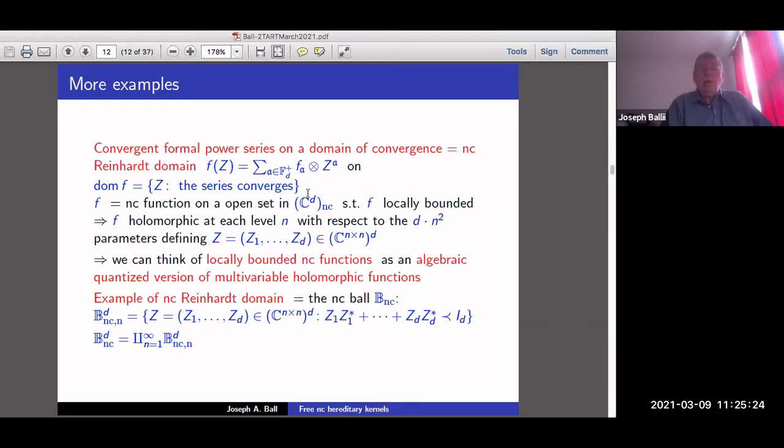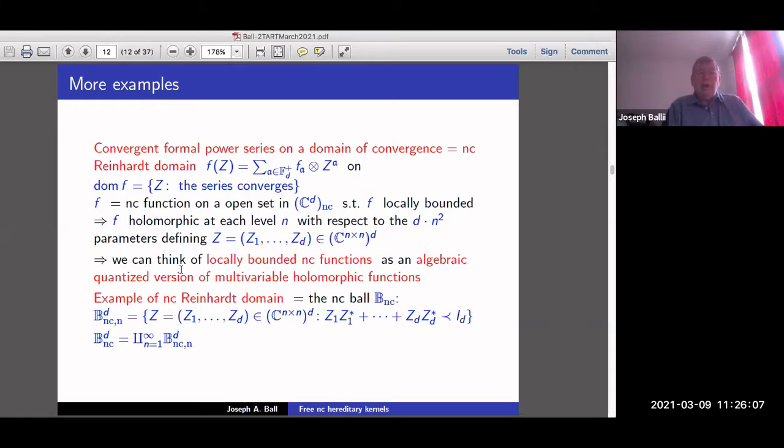If you're on an open set in non-commutative d-tuples of complex numbers, and it's locally bounded, then there's a result in the book of Kalyuzhny-Verbovetsky and Vinnikov, for example, that if you restrict to a level, then the function of z_1 to z_d involves d times n squared parameters, and you think of it as an ordinary multivariable holomorphic function with respect to those parameters. You have automatic holomorphicity just from satisfying the axioms and the local boundedness.